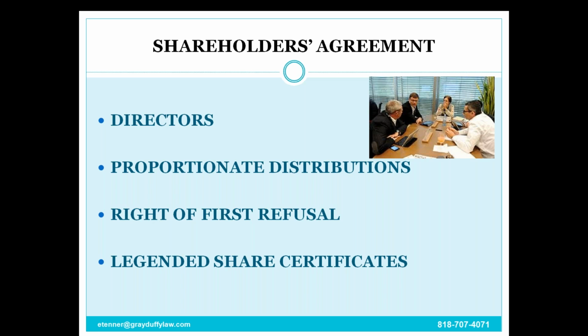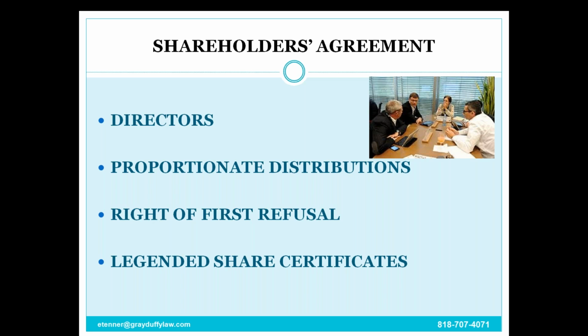A shareholders agreement will also always have a right of first refusal, because a shareholder, by one of its basic tenets, has to have free transferability of interest. That's not true for a limited liability company or a partnership agreement. So you can't just say that the owners have no right to transfer their interest to a third party.